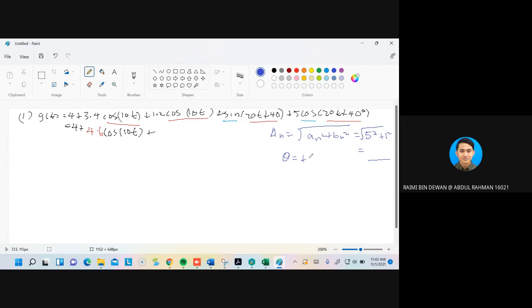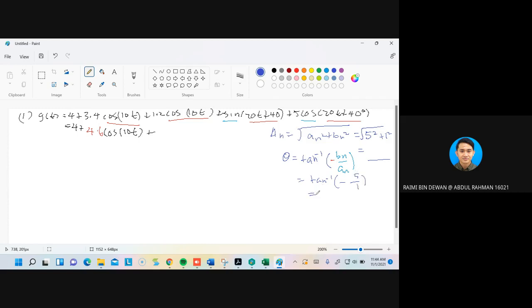And then here is inverse tangent. Negative, don't forget the negative here. And then you have b_n over a_n, so you have inverse tangent of 1/5.